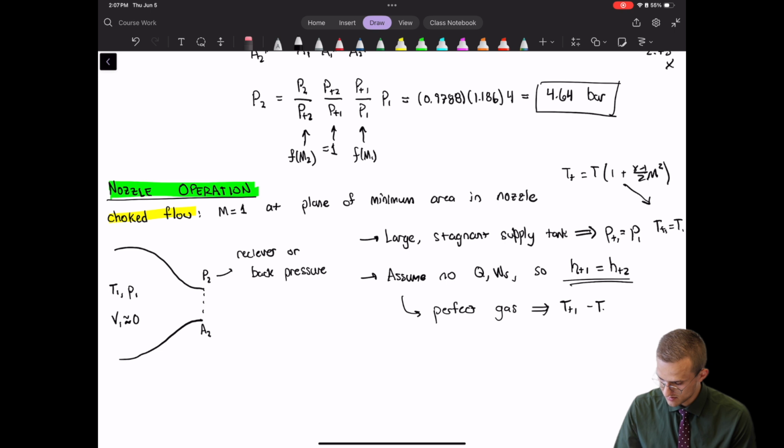Okay. And then we know that there's this delta P, which is equal to P2 minus P1, that is driving the flow.